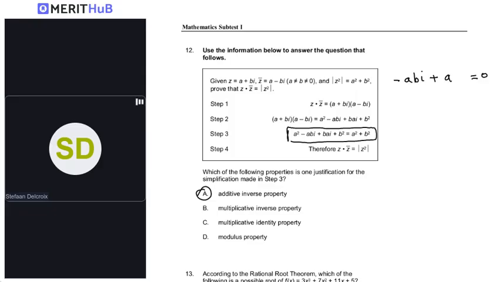You would write ABI, but that's not what they wrote. What did they write? BAI. So why is this equal to BAI?